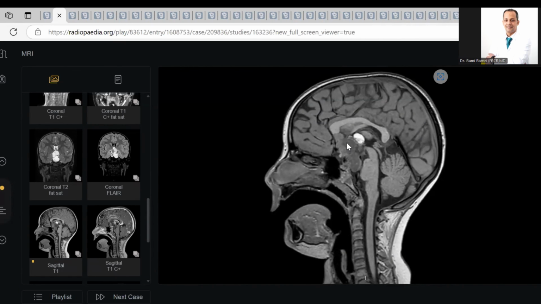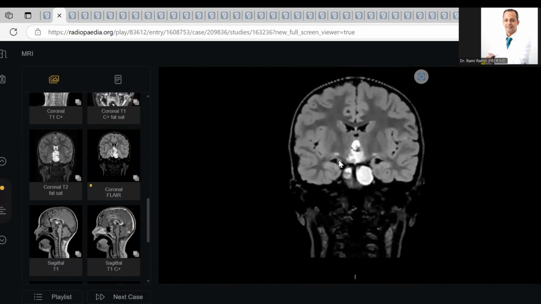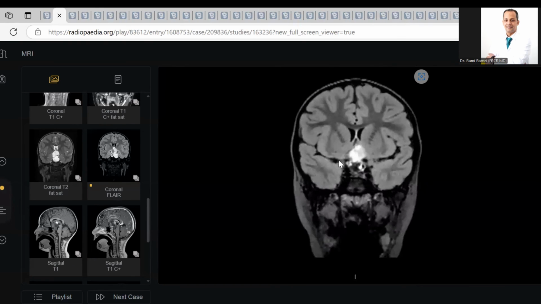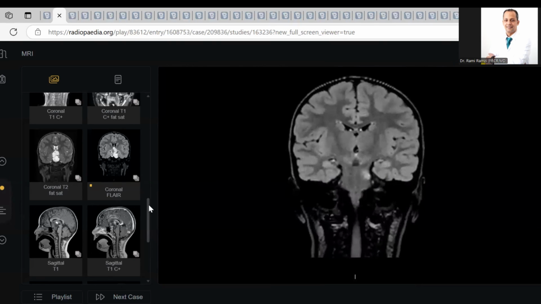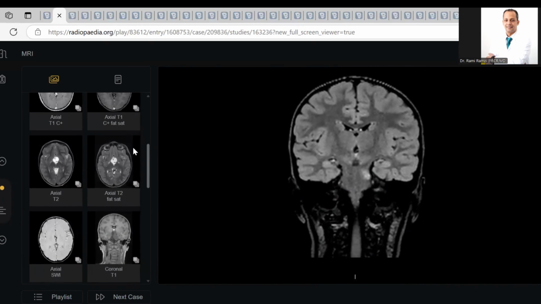Don't worry about it. No problem. Do you want to check something else here in this child? Yeah, I would like to see whether it is encasing the ICAs or not, for surgical planning. This is sagittal, this is coronal FLAIR image.